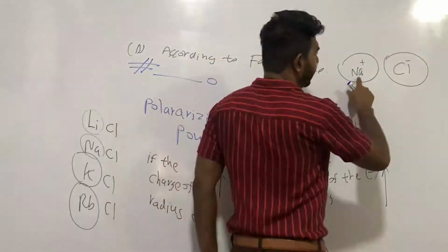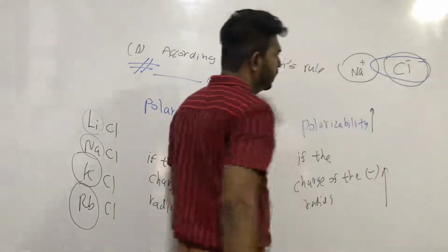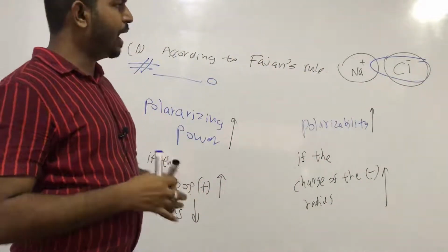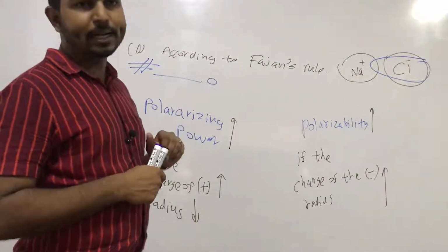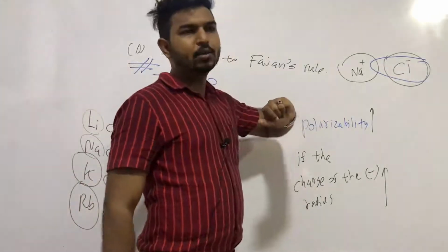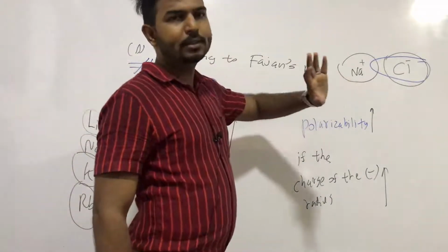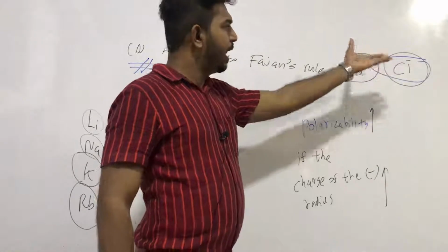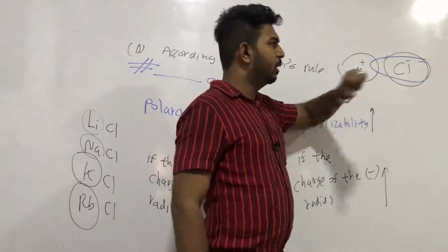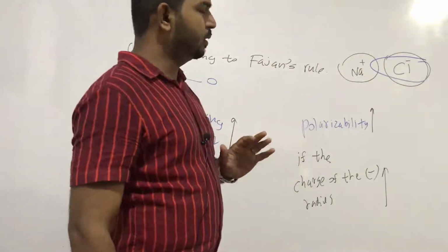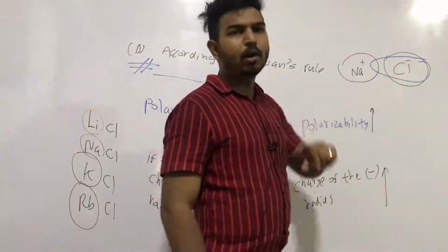This cation tries to attract the electron cloud of the anion towards itself. This phenomenon is called polarizing power and polarizability. The cation has polarizing power, that means the ability to attract electron clouds. The phenomenon the chlorine atom undergoes by having its electron cloud attracted is called polarizability.